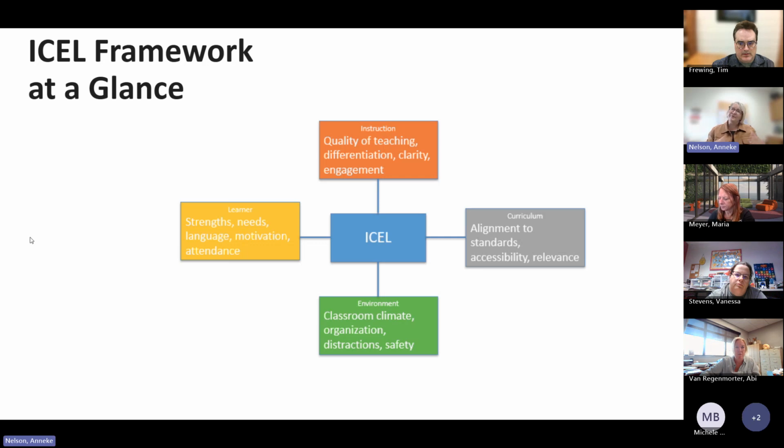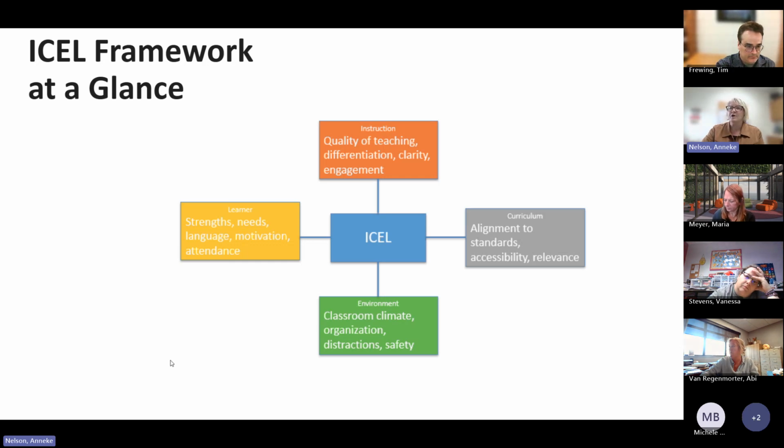So now that we know what we're looking for in a well-developed curriculum and instruction system, we want to talk about how we're going to solve problems if there are issues at tier 1. In the previous training, I believe the team talked about ICEL. ICEL stands for Instruction, Curriculum, Environment, and Learner.